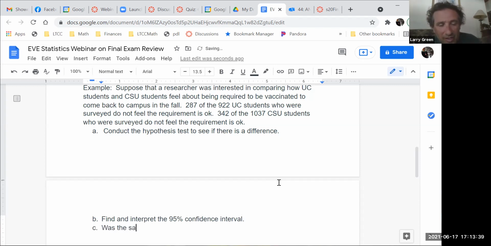Was the sample size large enough to use the normal distribution? Explain with calculations.